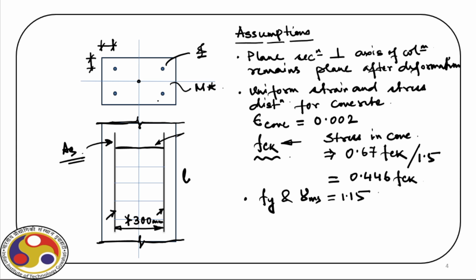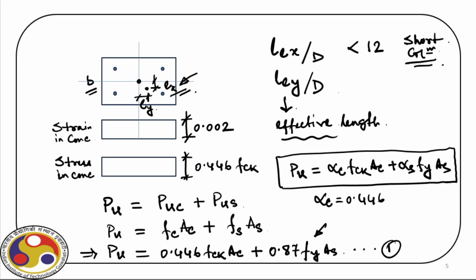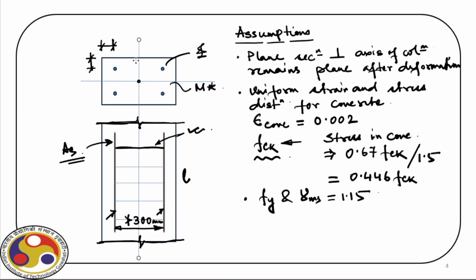Now we have to check this transverse steel, and for transverse steel also there are certain guidelines. So let us see how we design this transverse steel. For that, let us draw the cross section once more, and then we'll see the requirements for transverse steel.